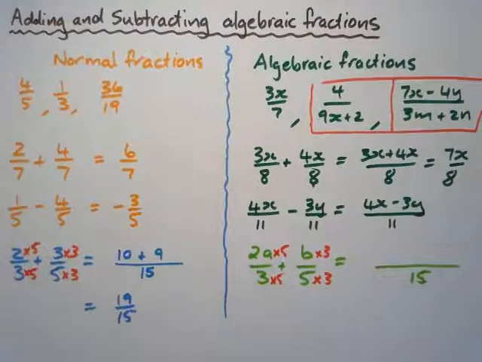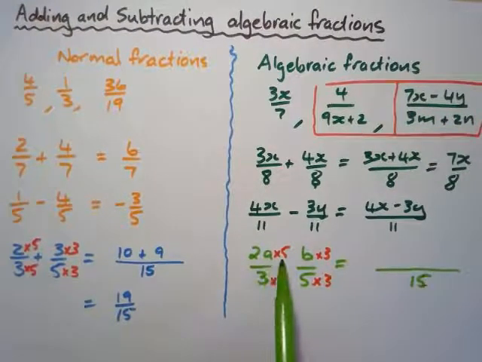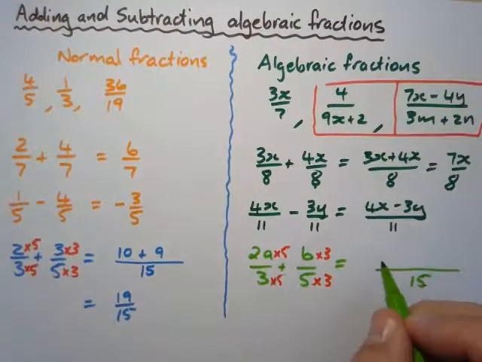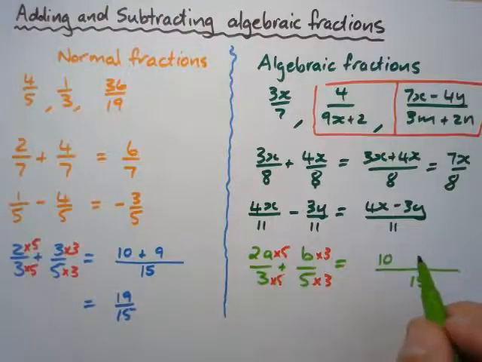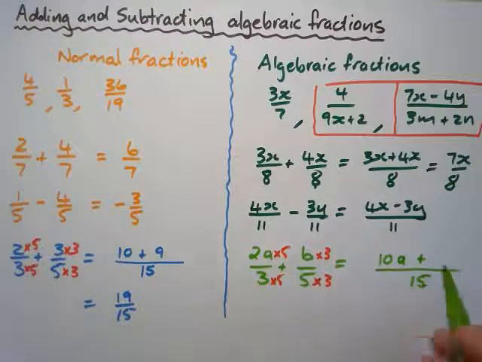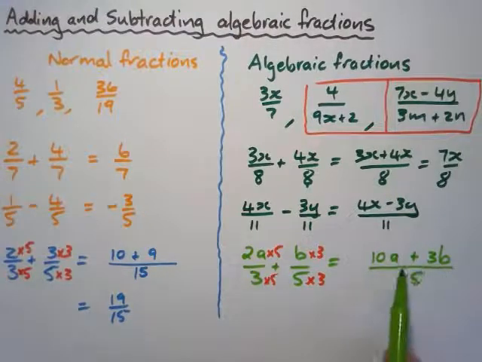Now, it's going to give me 2a times 5, which is 10a, plus b times 3, which is 3b. I cannot simplify. I can't add those up because they are not like terms.